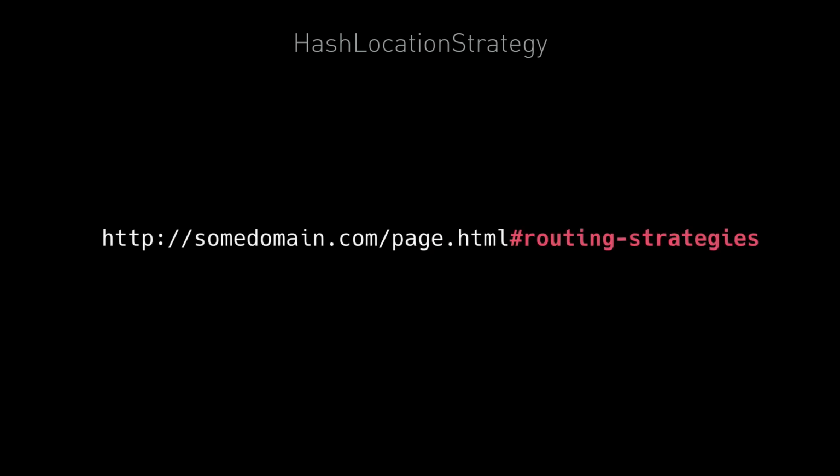It was developed originally so that people can link to a particular section in an HTML page, specifically anchor tags. For example, if we have an anchor tag with a name of routing strategies like the one on the screen right now, then if we created a bookmark like the one on the screen where we do hash and then provide the name of the anchor tag, the browser opens up that page and scrolls down to that anchor tag so that the anchor tag is at the top of the page.